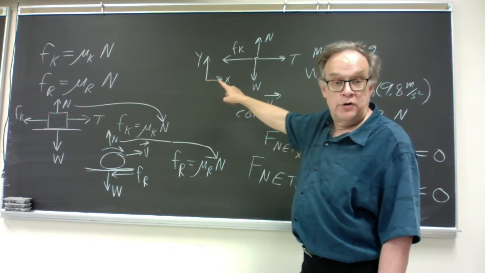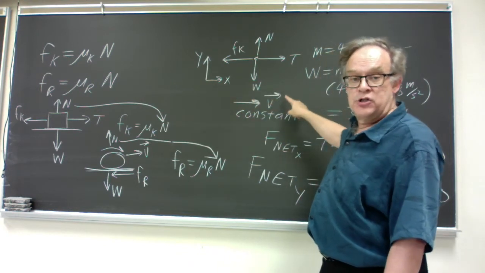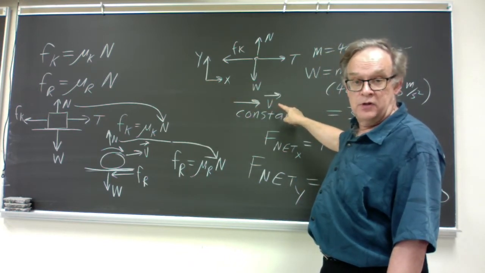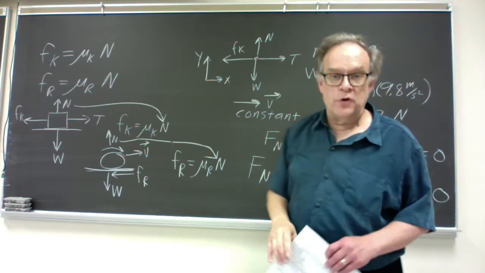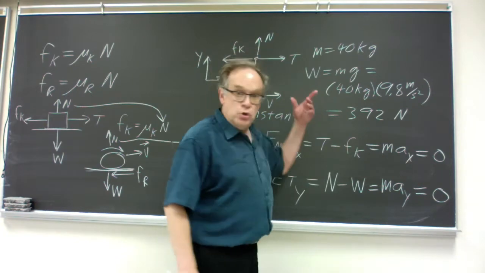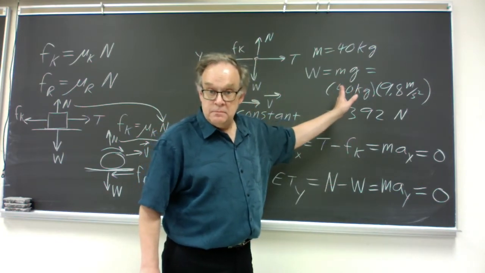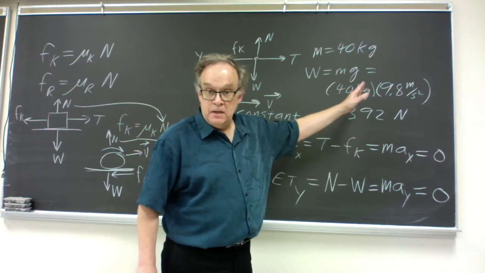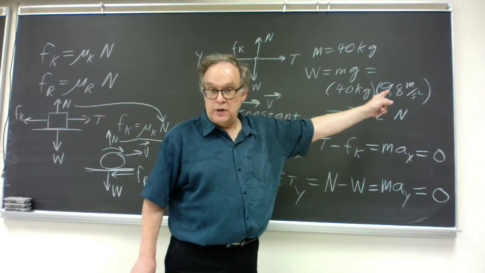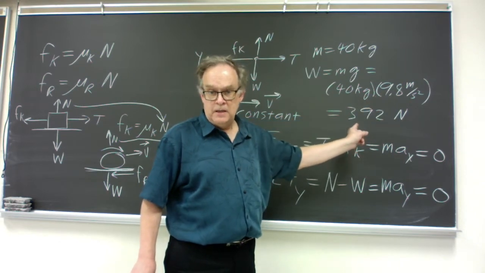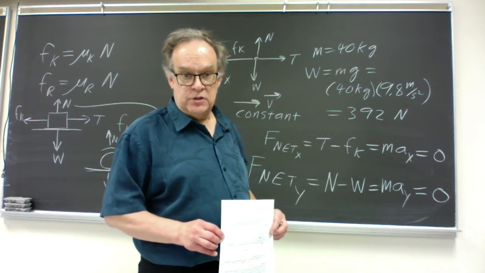And an XY coordinate system like this, where the positive x direction is in the direction of the velocity, and we'll say that the mass of the crate is 40 kilograms, and so the weight of the crate, mass times g, is 40 kilograms times 9.8, acceleration due to gravity, and that weight force then has a magnitude of 392 newtons.